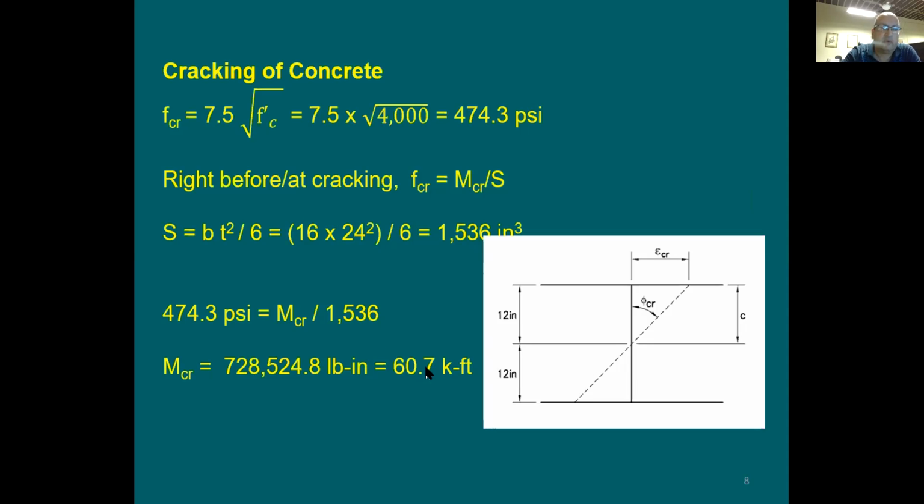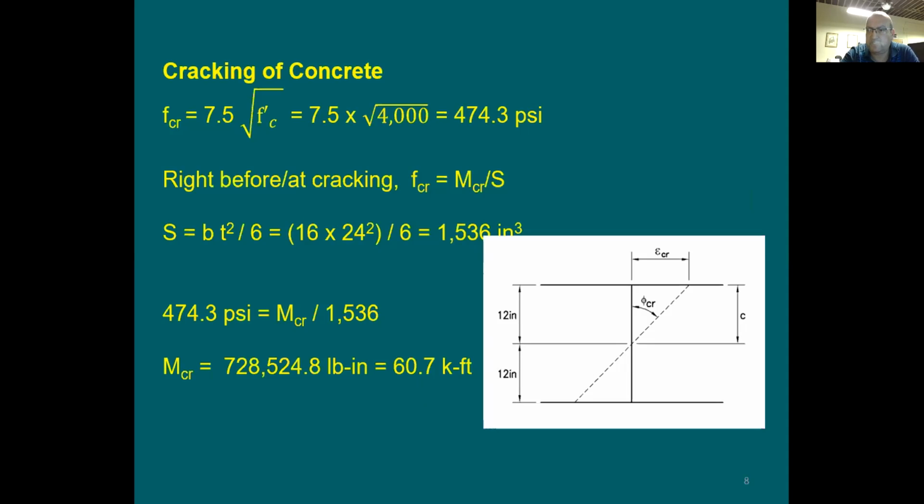Which means if you put 60 kip-foot, just 60 exactly, you're not going to see cracks. Let's take it from a lower value. If you put 40 kip-foot, no cracks. 50, no cracks. 60, no cracks. 60.7 is going to start to crack. And at that point, the rebars are going to start to take some tension force, effectively.